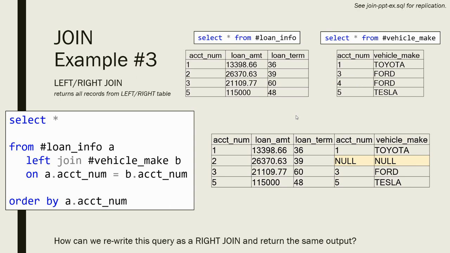So that is to point out that left joins can always be rewritten as right joins, and vice versa, by reshuffling some of the information. And that's why you'll probably see left joins more often in practice. One isn't necessarily needed over the other, but left joins are usually the ones that you see most often.